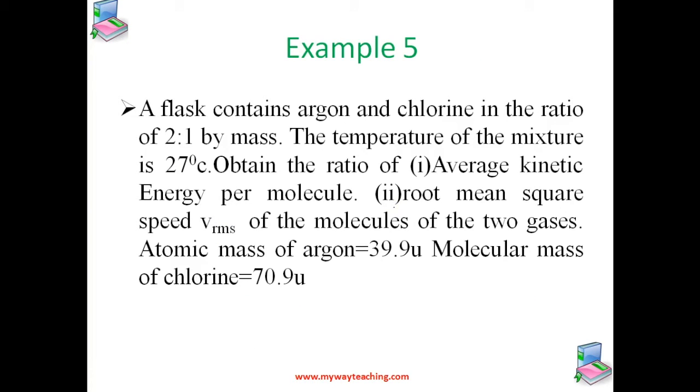Now let us see one simple problem. The problem is a flask contains argon and chlorine in the ratio of 2 is to 1 by mass. The temperature of the mixture is 27 degrees Celsius.